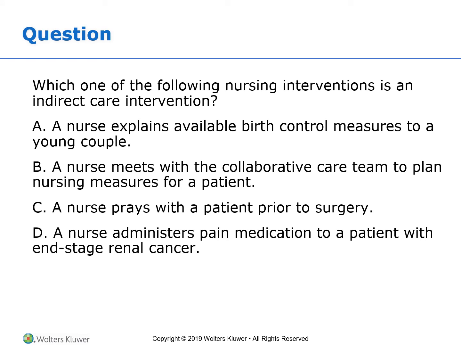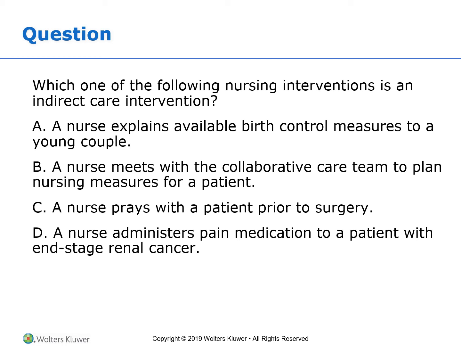So if we look at this question, which of the following nursing interventions is an indirect care intervention? Okay, and we talked about indirect care interventions, and I said that an indirect care intervention is a treatment performed away from the patient but on behalf of the patient or group of patients. So, a nurse explains available birth control measures to a young couple.